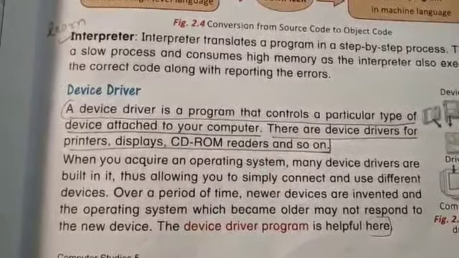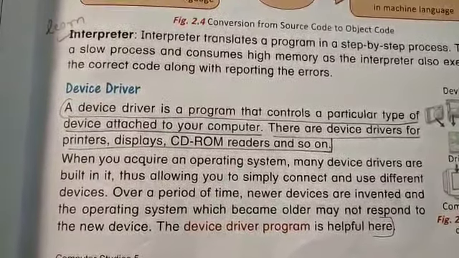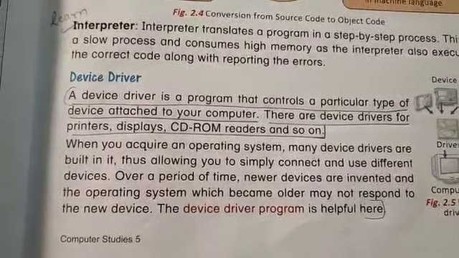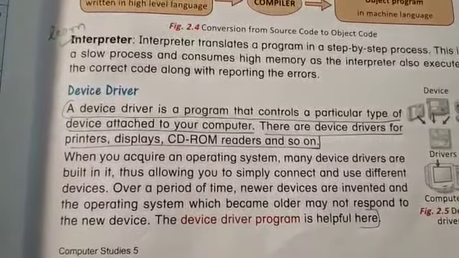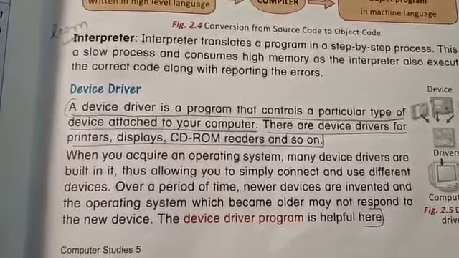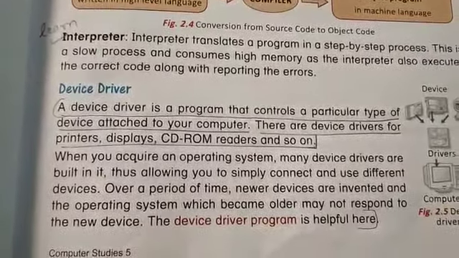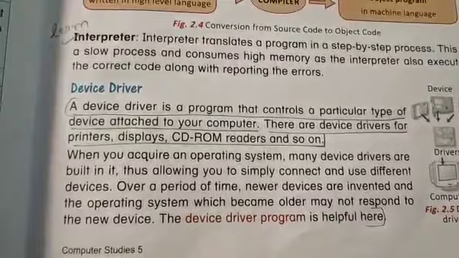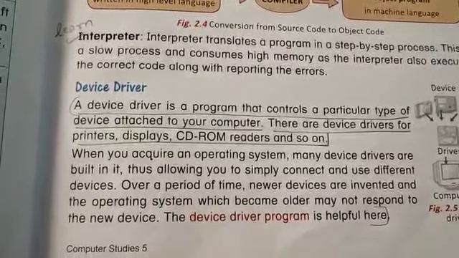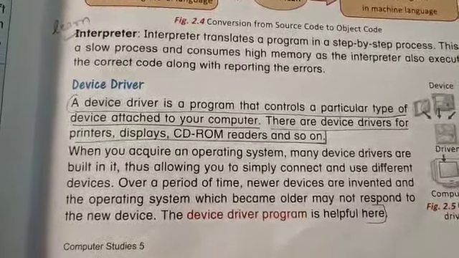A device driver is a program that controls a particular type of device attached to your computer. Now it is a type which is attached with our computer. These are device drivers for printers, displays, CD-ROM readers and so on.